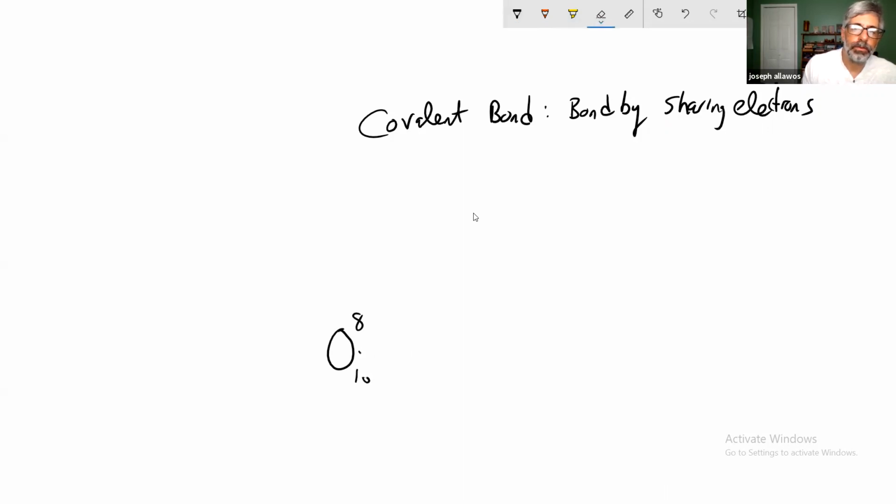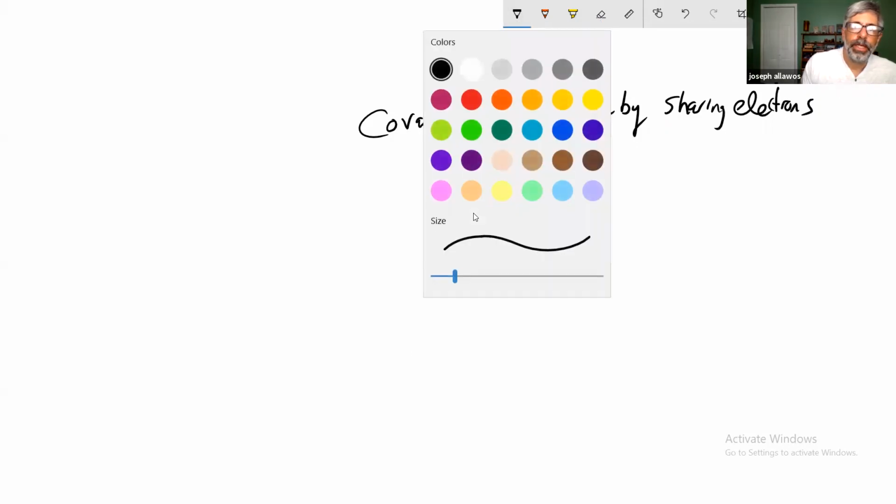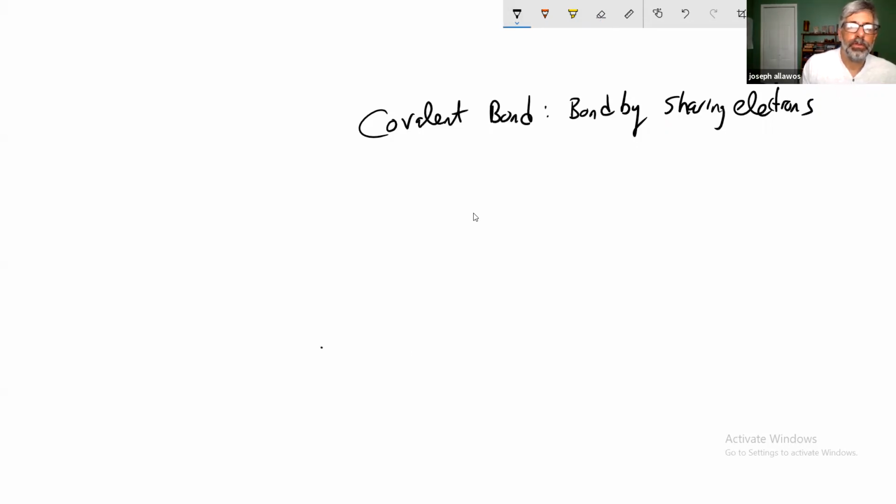Didn't really need to write the whole word out, I guess. Oh, 8, 16. Okay, so let's draw it. Here's the nucleus. We have 8 protons, 8 neutrons. There's 2 in the first shell. We have 8 altogether.